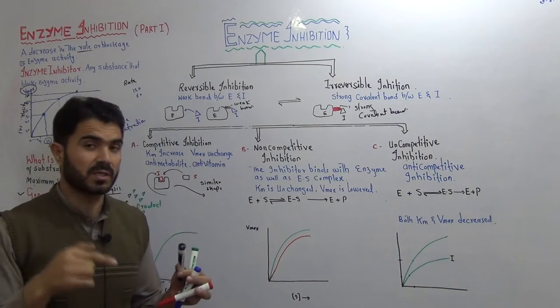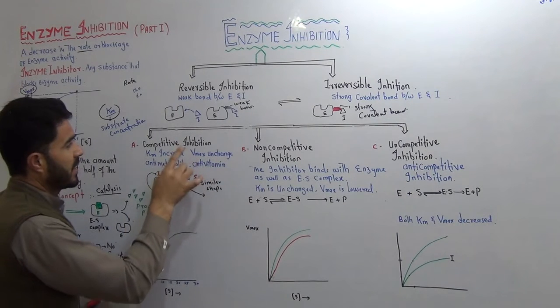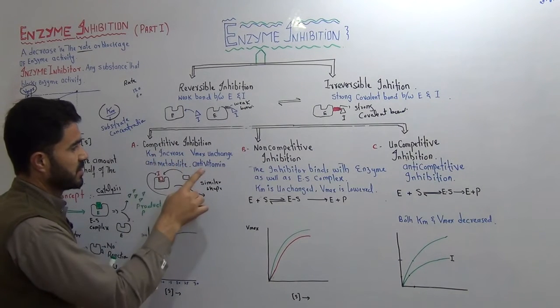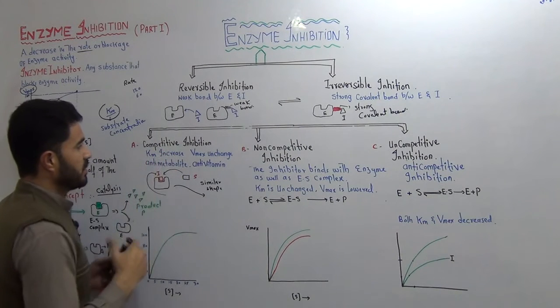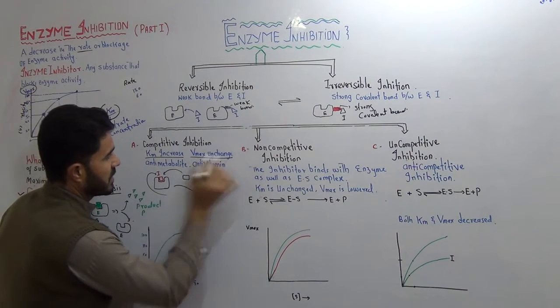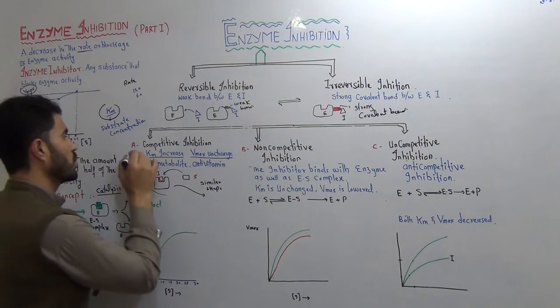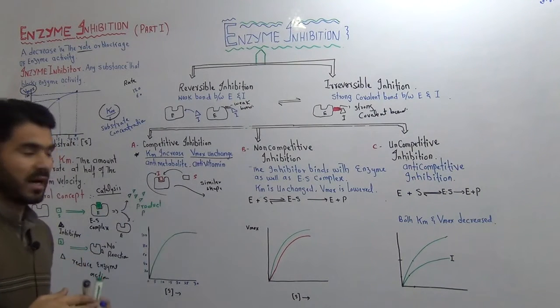But once a student comes to the higher level, then we must tell them that this can be discussed in terms of Vmax and Km. In competitive inhibition, the Km increases and the Vmax is unchanged. These two points you should remember: Km increases and Vmax is unchanged.